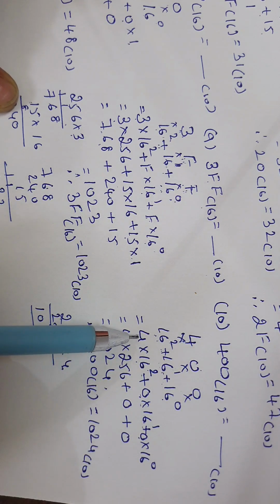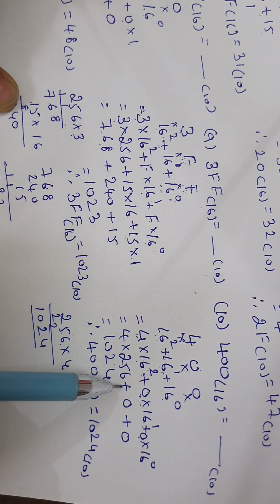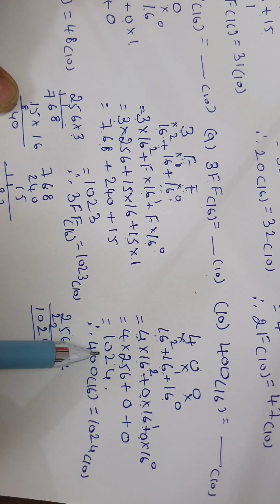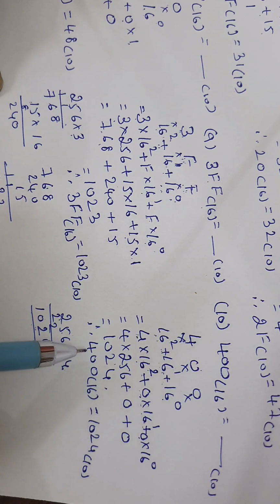Next 4 into 16 raised to square means 4 into 256 plus 0 into anything is 0 plus 0 into anything is 0. So 256 into 4 gives 1024 plus 0 means the final answer is 1024. Hence 400 in hex is equal to 1024 in decimal.